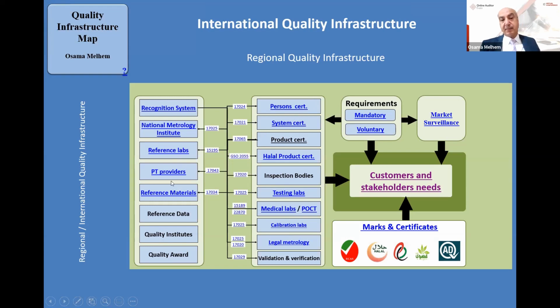PT providers are the bodies organizing the proficiency testing at the national level. It means that if I want to check the competency of the testing labs within the country to test drinking water, okay, the PT providers provide the same sample to all labs at the same time and ask all labs to test specific parameters for that water.